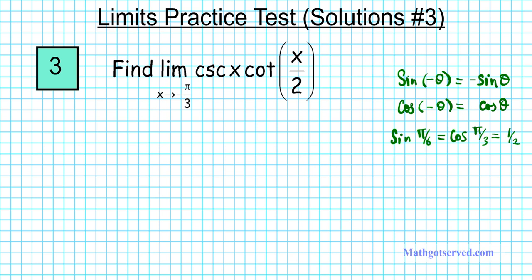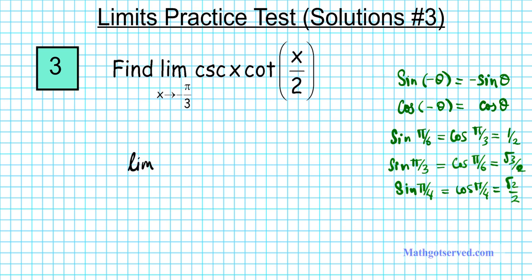And sine of pi over 3 is equal to cosine of pi over 6, and that is equal to root 3 over 2. You want to keep that in mind. And also, sine of pi over 4 is equal to cosine of pi over 4, and that's equal to root 2 over 2.